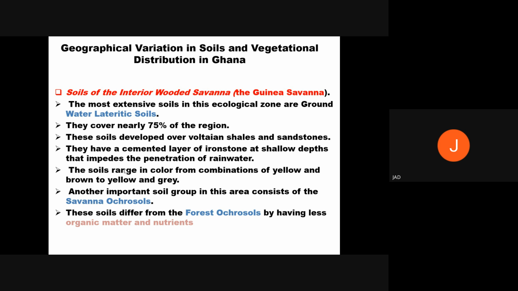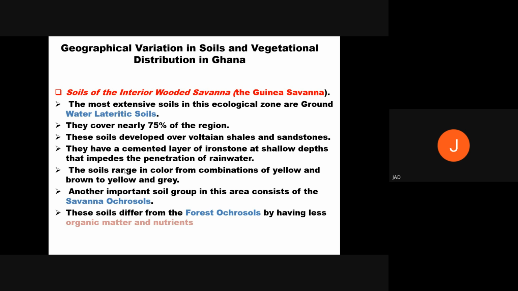The soil differs from the forest ochrosol by having less organic matter and nutrients. Why is it that in savanna the soils have low organic matter as compared to those in the high forest zone? We can explain.